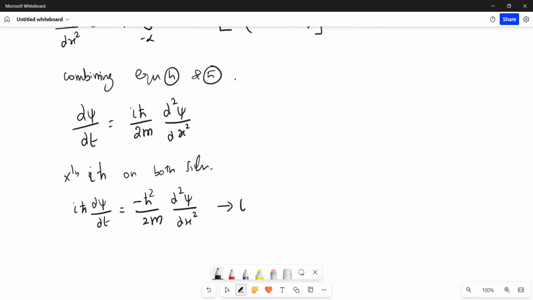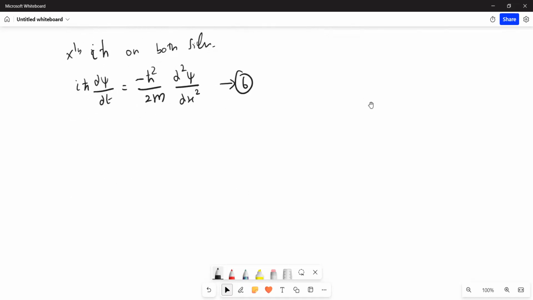This is equation number 6. And this equation is the one-dimensional Schrodinger equation for a free particle.